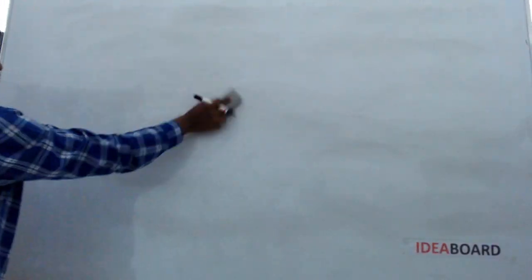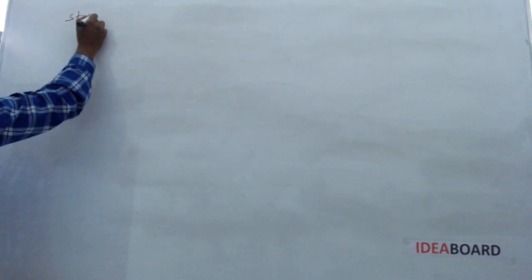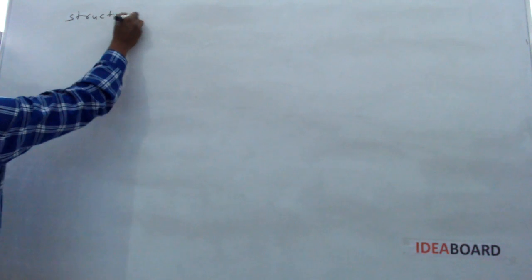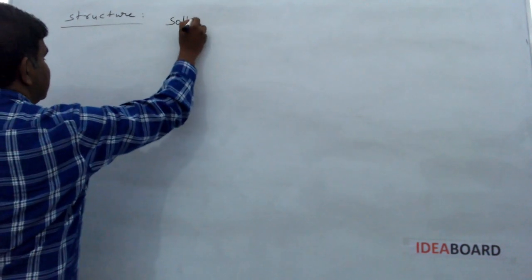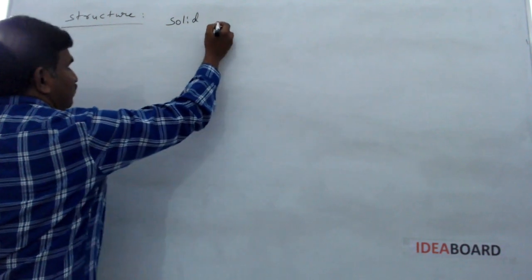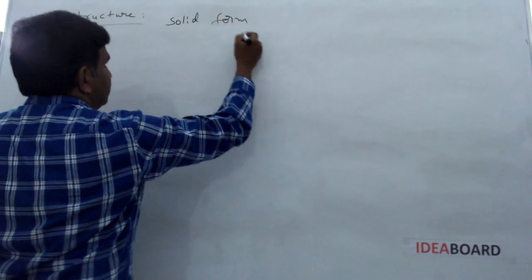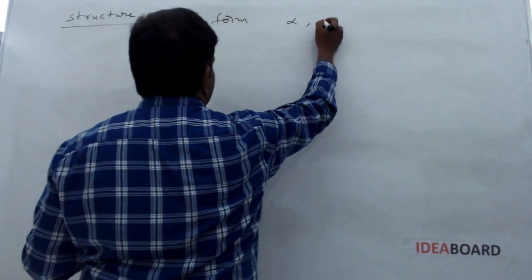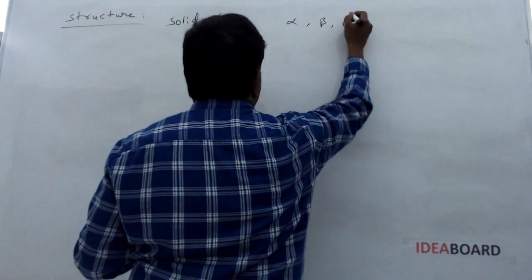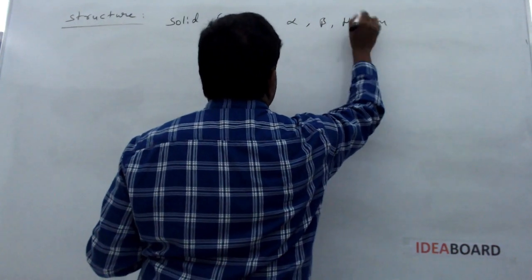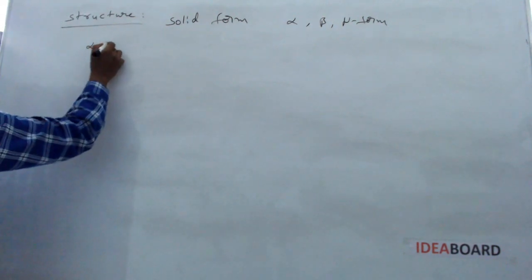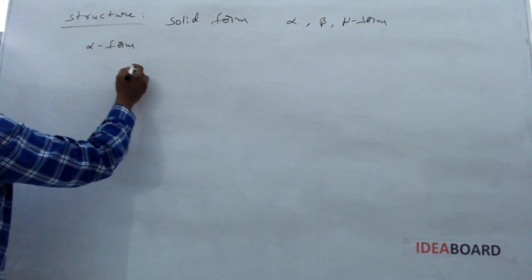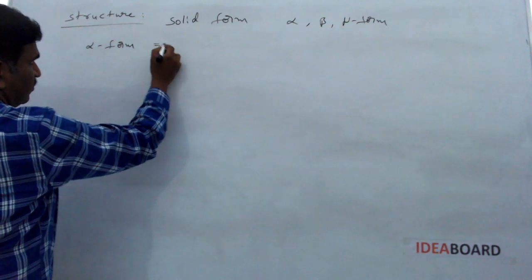And next, about the structure of sulfur trioxide. Sulfur trioxide has solid form and it is present in three forms: alpha form, beta form, and gamma form. Among these three, alpha form is most stable. Why is this most stable?